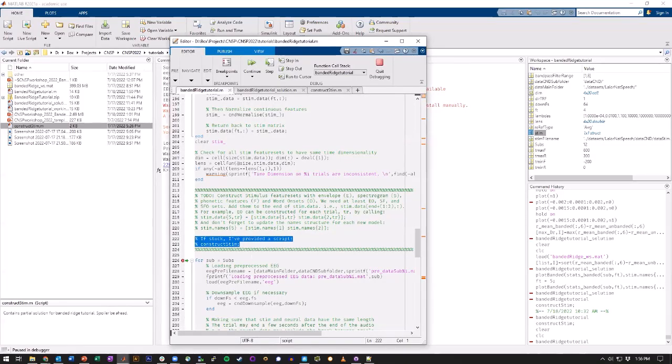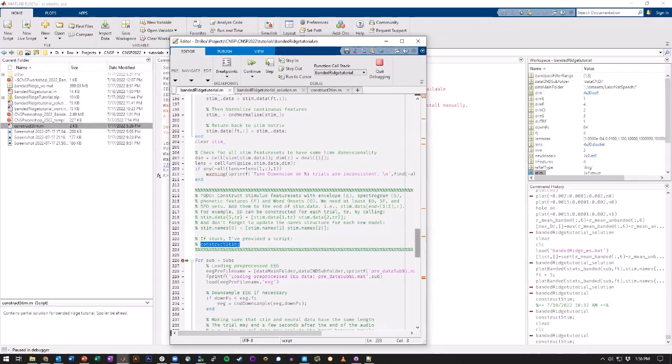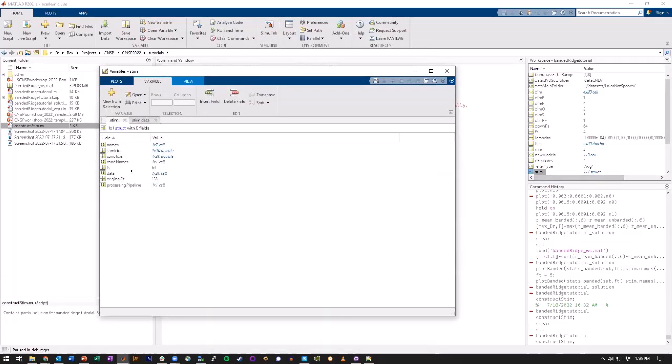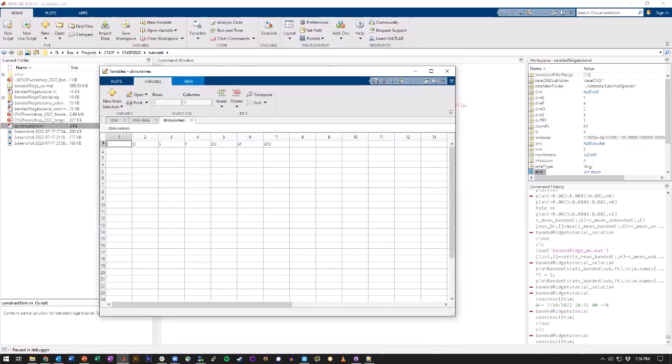If you get stuck with that, yes, please slow me down if you need to. I'll try to wait for a significant amount of time here, but I've got a script that I provided that will give a few solutions to this. I'm just going to run that now so you can see what the stem should look like. So now stem data has 7 by 20, and also don't forget the stem.names has the models added.